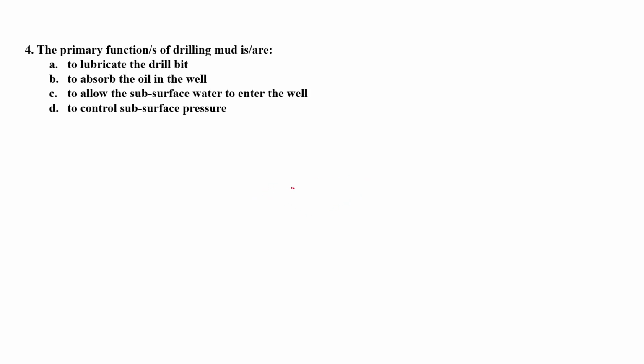The first one is to lubricate the drill bit, and also to control the subsurface pressure. Drilling mud is introduced into our well so that the heat generated during the cutting by the drilling bit gets cooled, and to lubricate the drill bit. Moreover, it is also there to control the subsurface pressure.